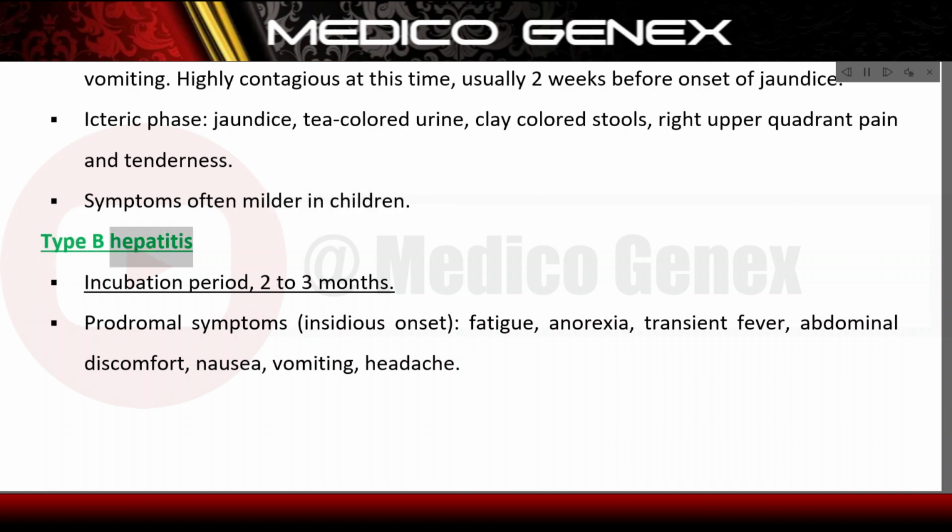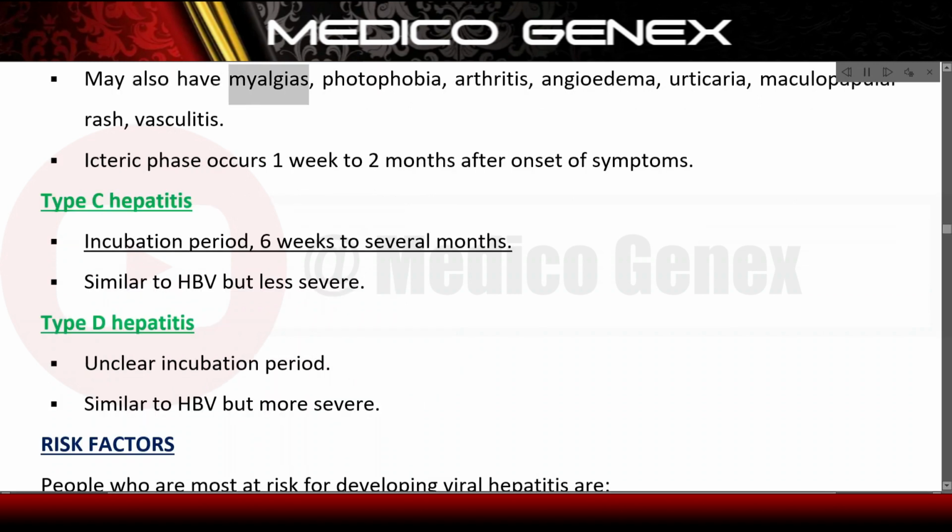Type B hepatitis. Incubation period, 2 to 3 months. Prodromal symptoms, insidious onset fatigue, anorexia, transient fever, abdominal discomfort, nausea, vomiting, headache. May also have myalgias, photophobia, arthritis, angioedema, urticaria, maculopapular rash, vasculitis.